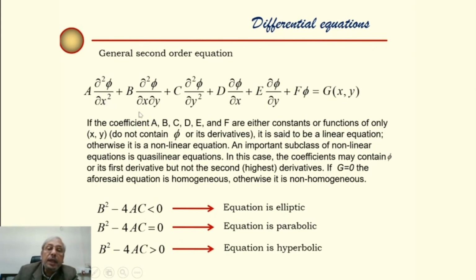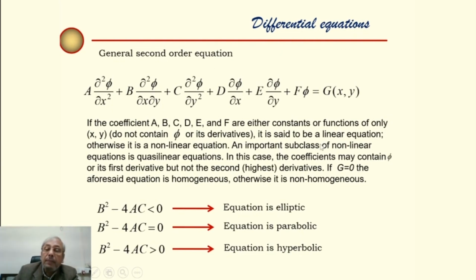That means these coefficients are either constants or functions of only x and y; they do not contain φ or its derivatives, then it is a linear equation. Otherwise, it is a nonlinear equation.